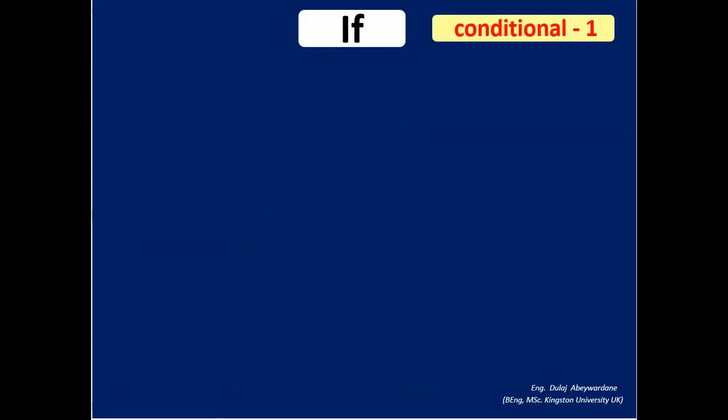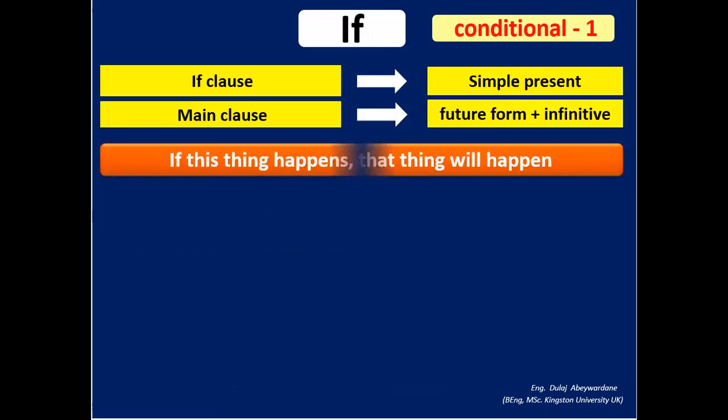Previously we talked about if something happens, that thing happens. But here you're going to learn, if this thing happens, that thing will happen. You can clearly see, if the if clause is in simple present, the main clause would be will plus infinitive.